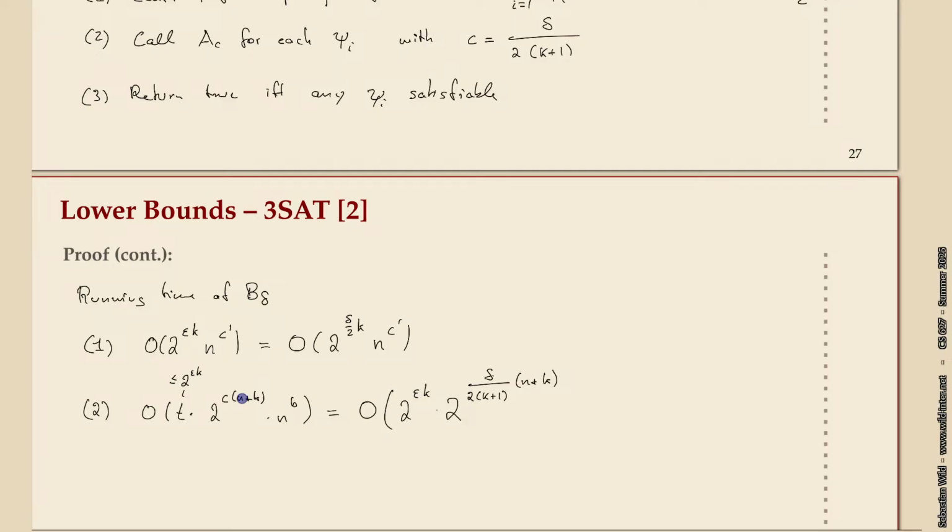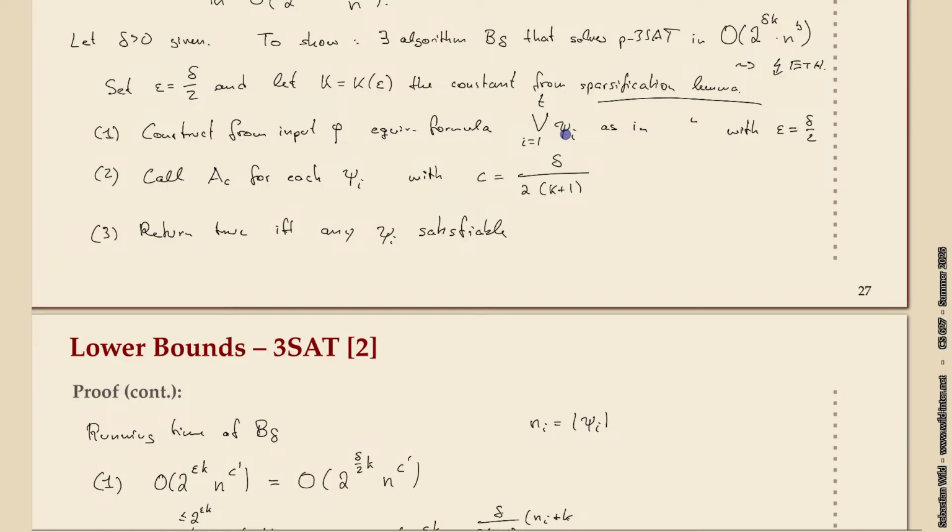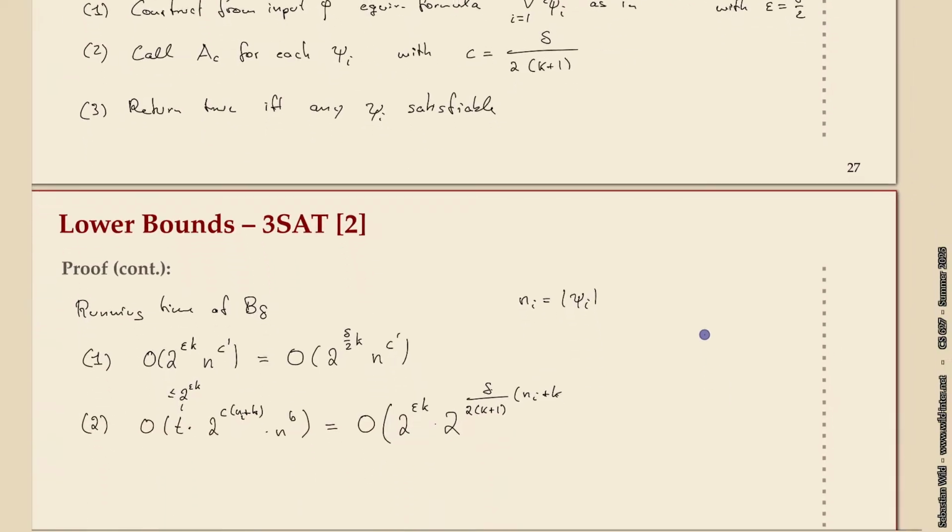We can call it n_i. It's the size of the formula psi i. That's what we call this algorithm on. We don't call it on the original formula. We call it on each of these little disjunctive clauses, the little formulas psi i.